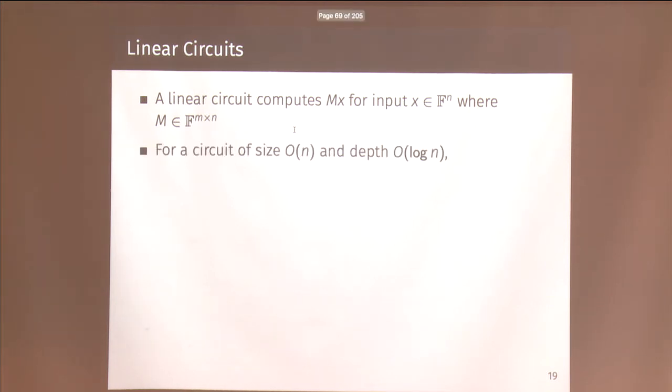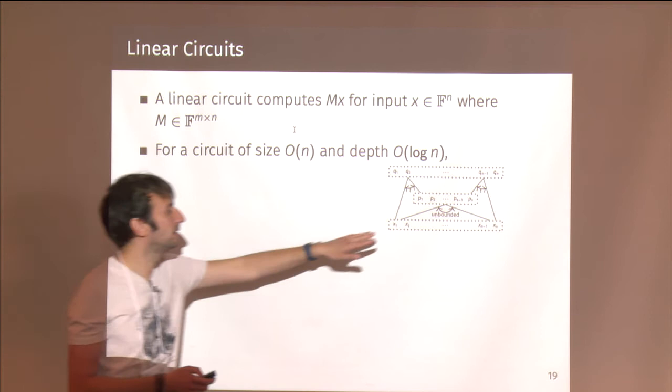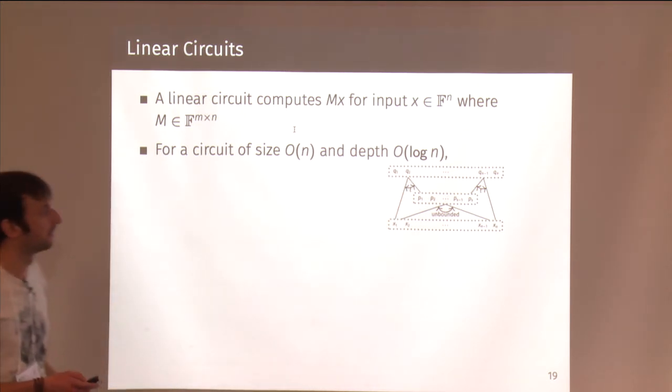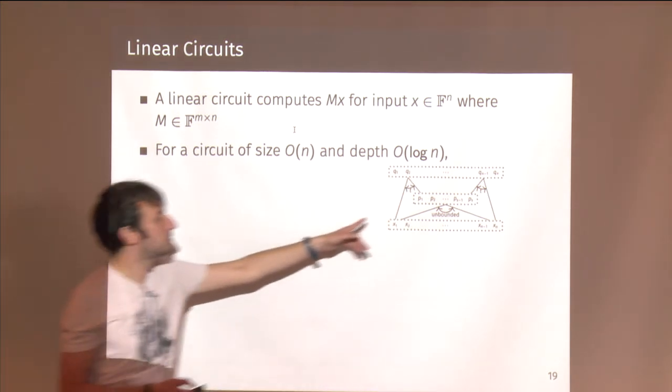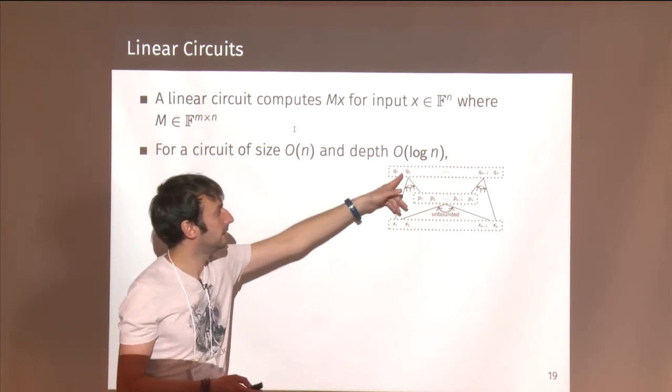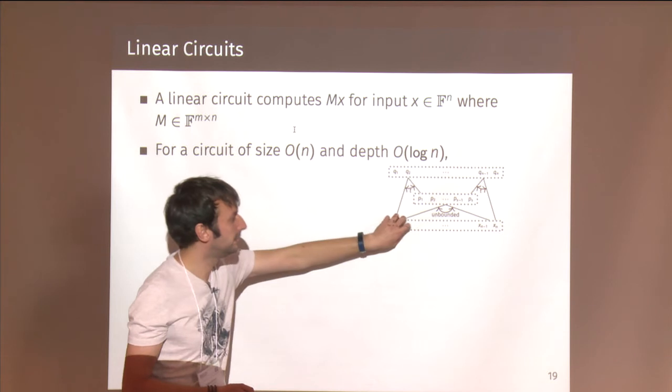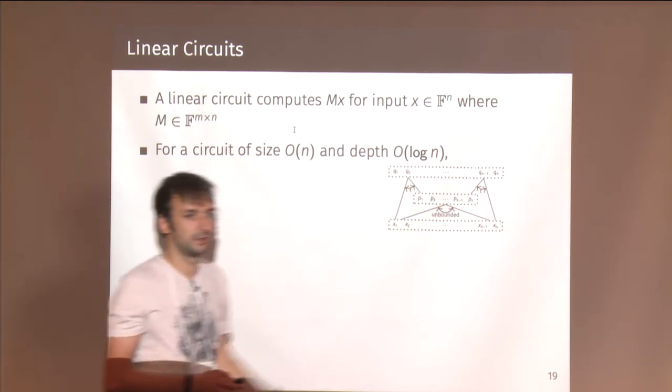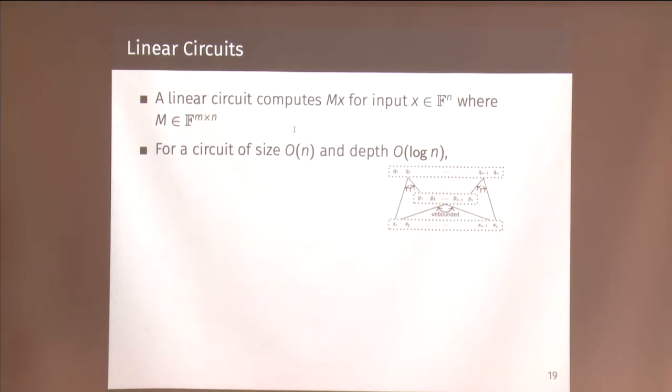So what does it mean now? Let's look at the Valiant result and see what we have when everything is linear here. Each of these functions is a linear function of the inputs, and each of these functions is a sum of a linear function of the inputs and a linear function of memory cells. So each of these maps can be written as a matrix.